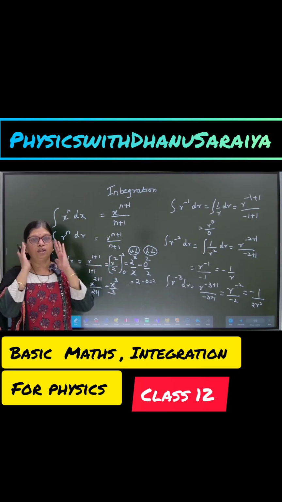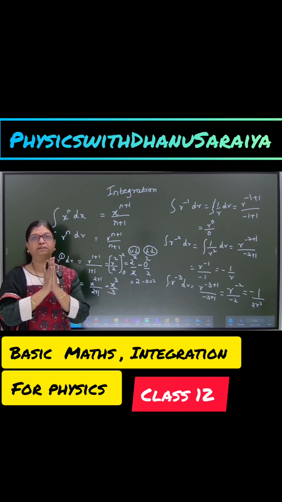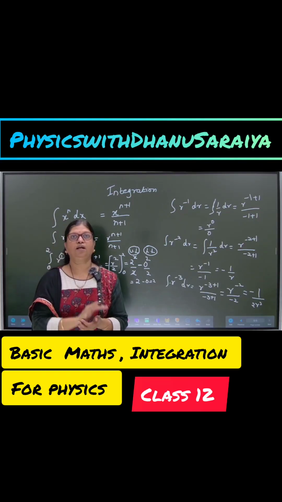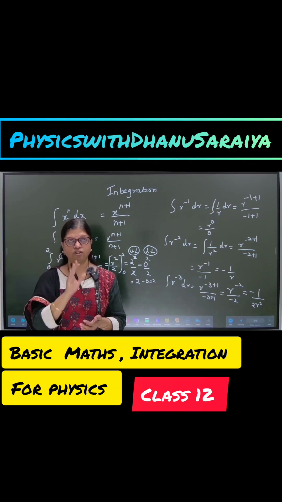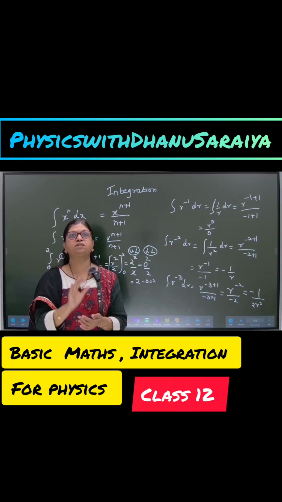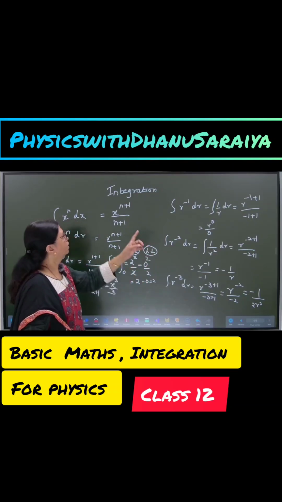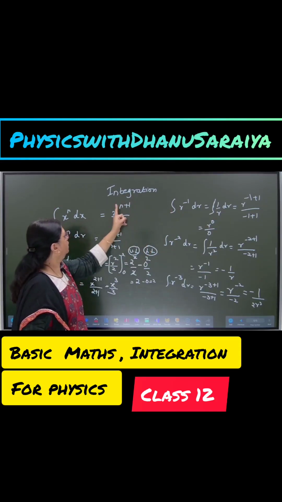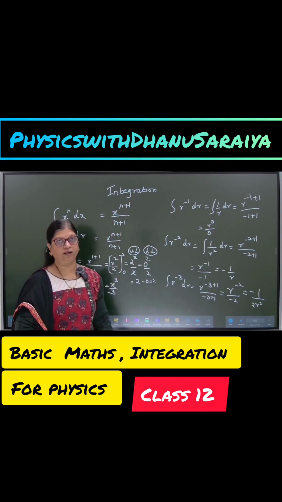Correct? So, remember this as a curriculum itself from now onwards in physics of class 12th. Whenever there is an integration, use the formula: variable raised to power plus 1 divided by power plus 1.